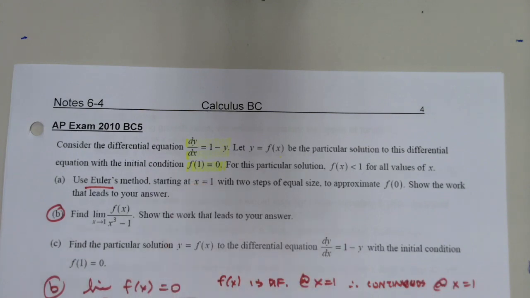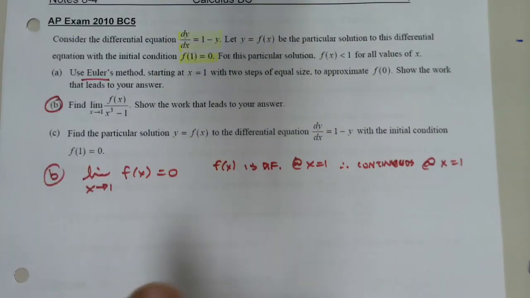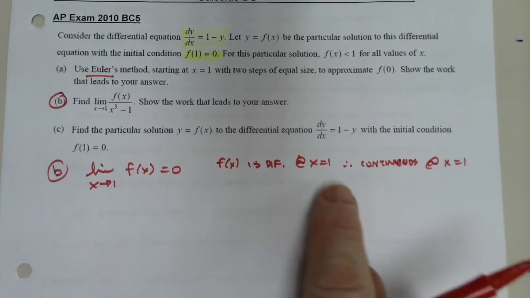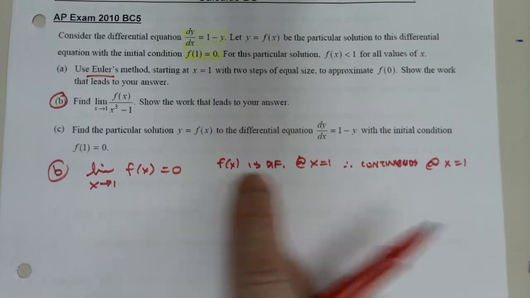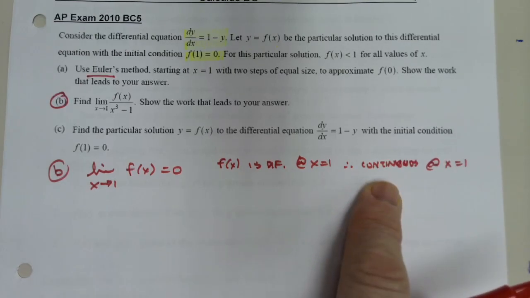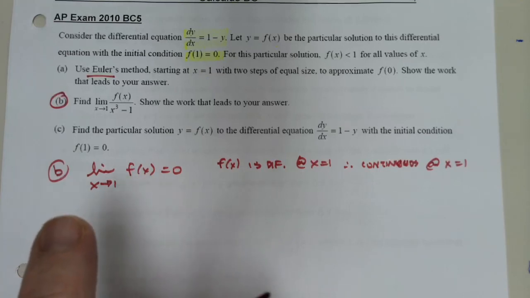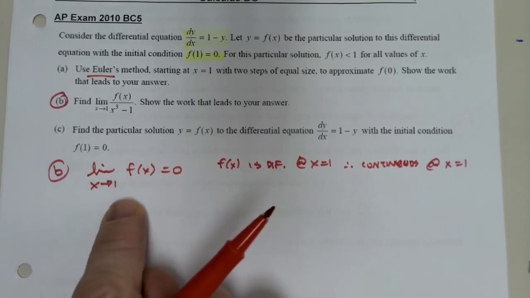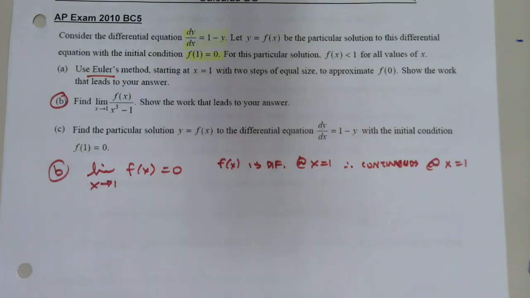If you remember from our limit rules, the limit from the left must equal the limit from the right, and if you're continuous, the limit from the left will always equal the limit from the right. Okay, so that's probably something that you'll need to state so that you can definitively say the limit as x goes to 1 of f of x equals 0, as shown here.